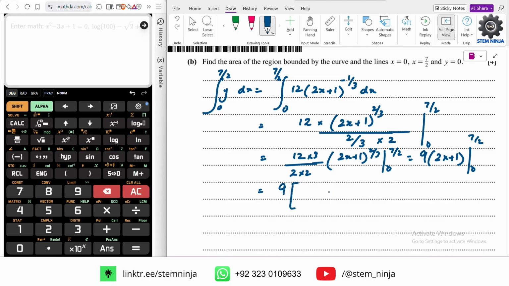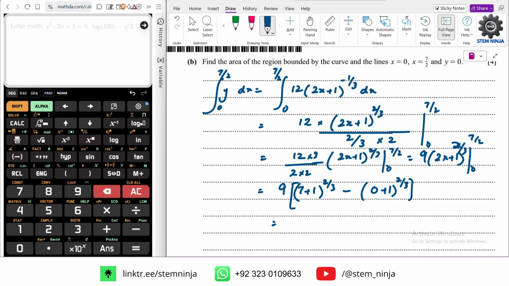So 9 times (2 times 7 over 2, which is just 7, plus 1) to the power 2 over 3, minus (0 plus 1) to the power 2 over 3.